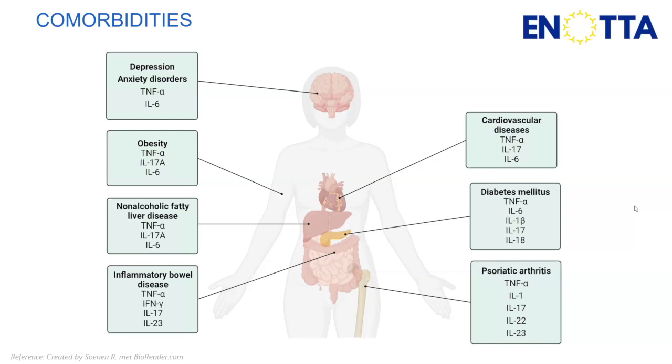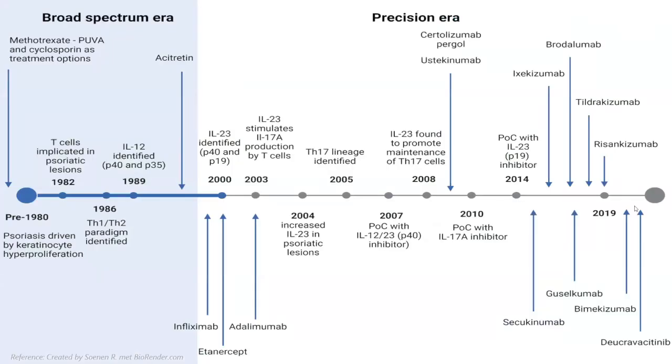So we actually see psoriasis now more as a systemic disease instead of just a skin disease, and it's also treated as such. Here we see a timeline, and with this slide, I want to show you that we have come from the broad spectrum era where we treated moderate to severe psoriasis with broad immunosuppressive treatment.